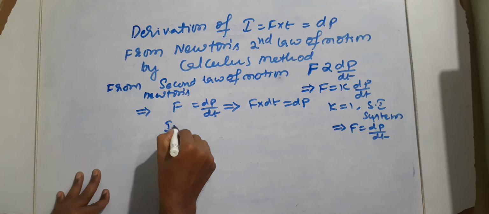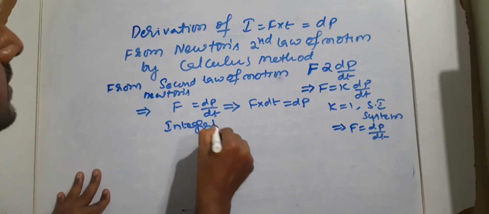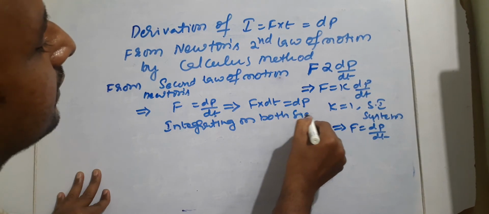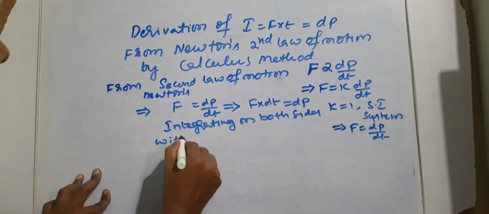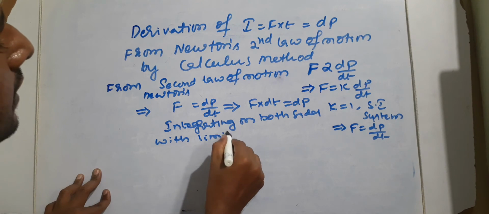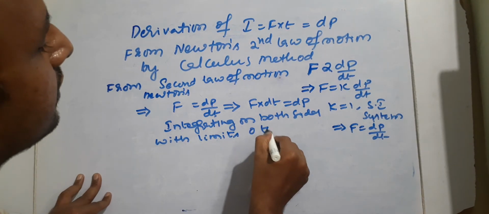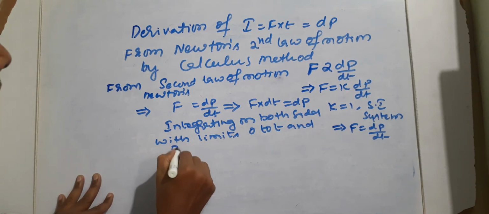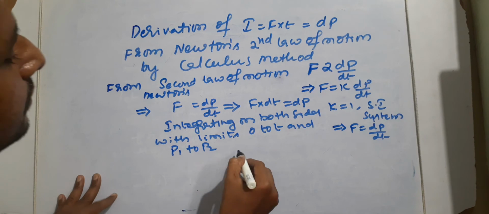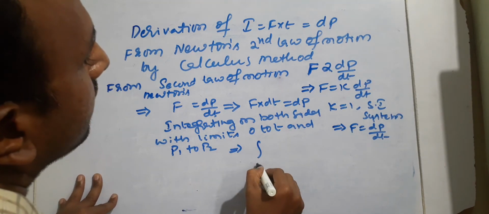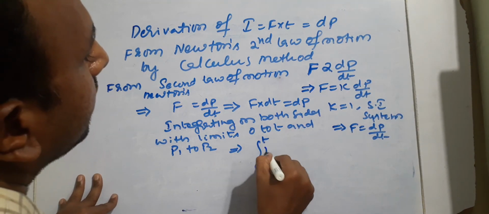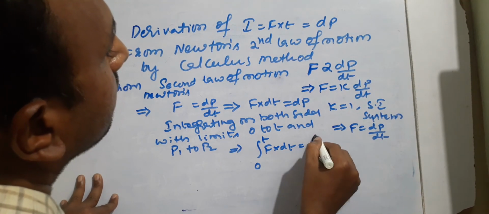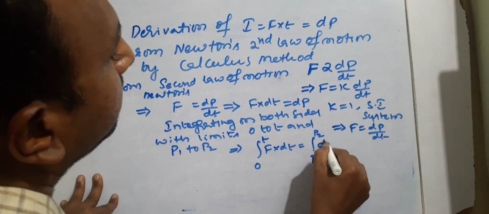Now integrating on both sides, with the limits for time interval 0 to t and limits of the change in the linear momentum P1 to P2. So this implies the integral from 0 to t of F into dt is equal to the integral from P1 to P2 of dp.